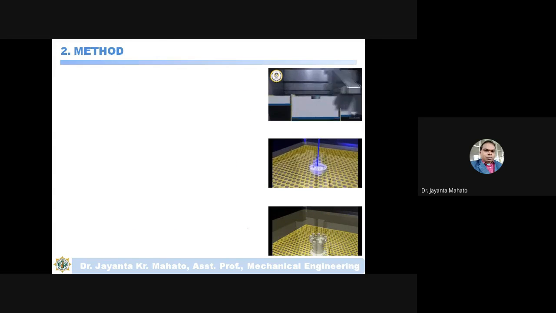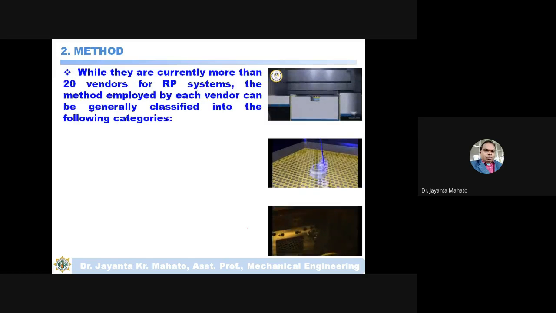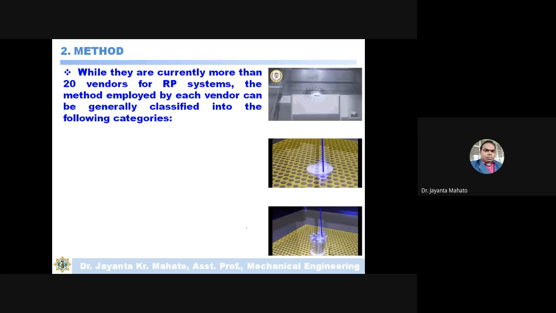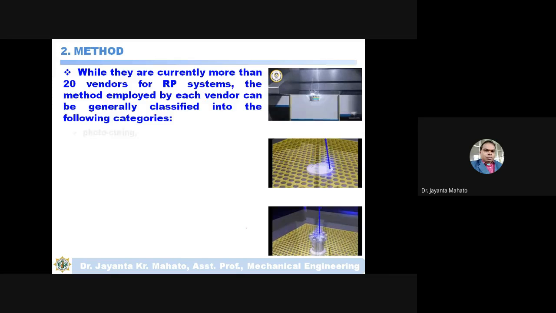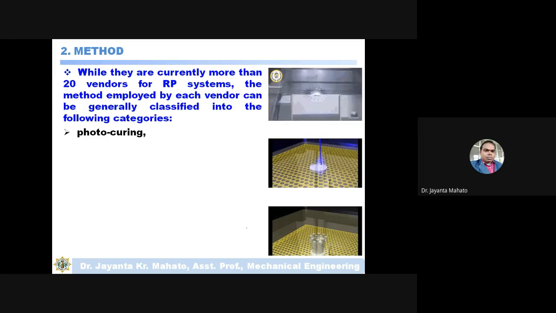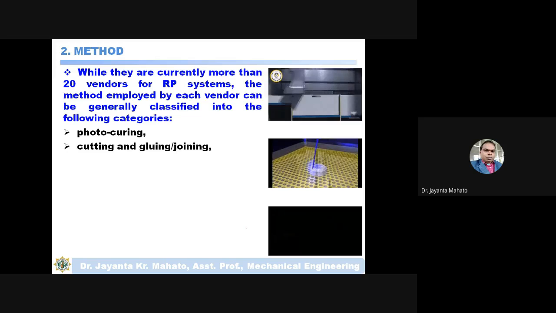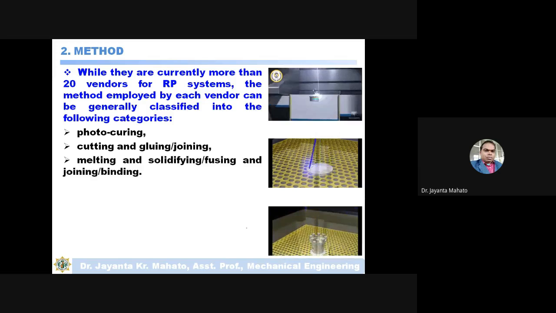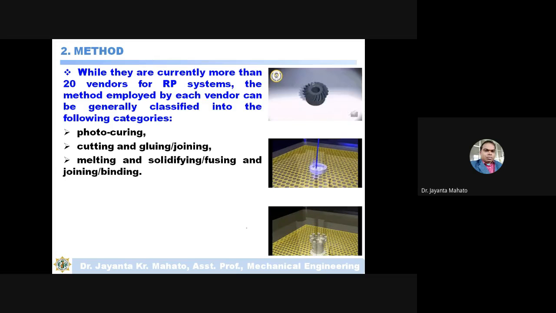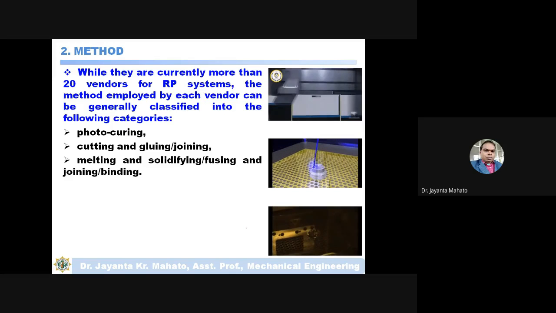So now the methods. These methods are mainly classified into the following categories: photo curing, cutting and gluing or joining, melting and solidifying, fusing and joining, bending.